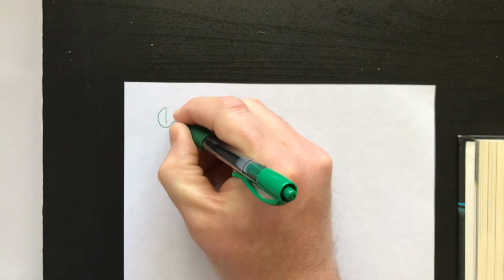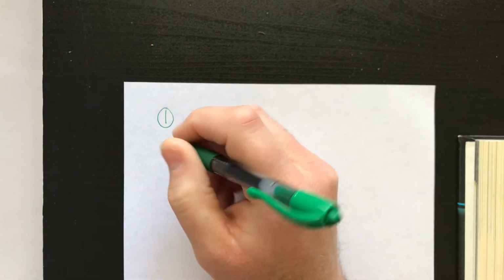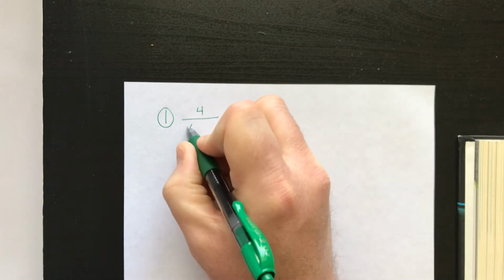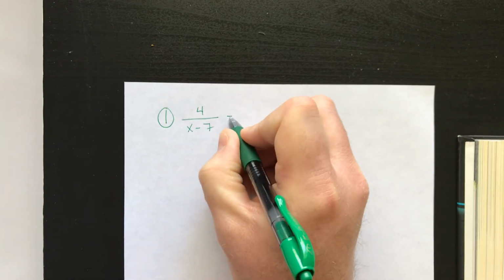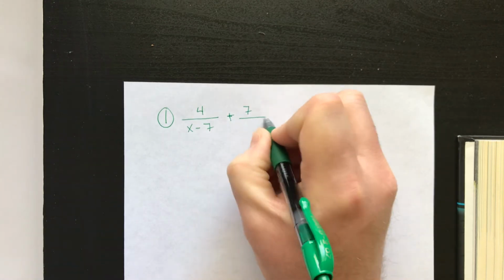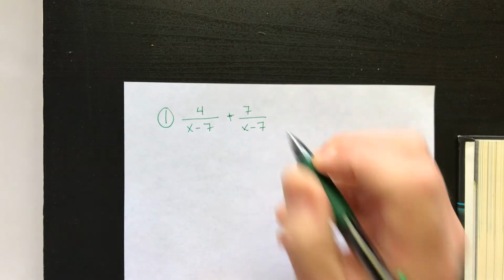Okay, so I'm going to do a few problems here. I'm going to do the first three problems on page 687, and we can just see how it works. A couple of them are easy. All right, so for number one, we have 4 over x minus 7, added to 7 over x minus 7.